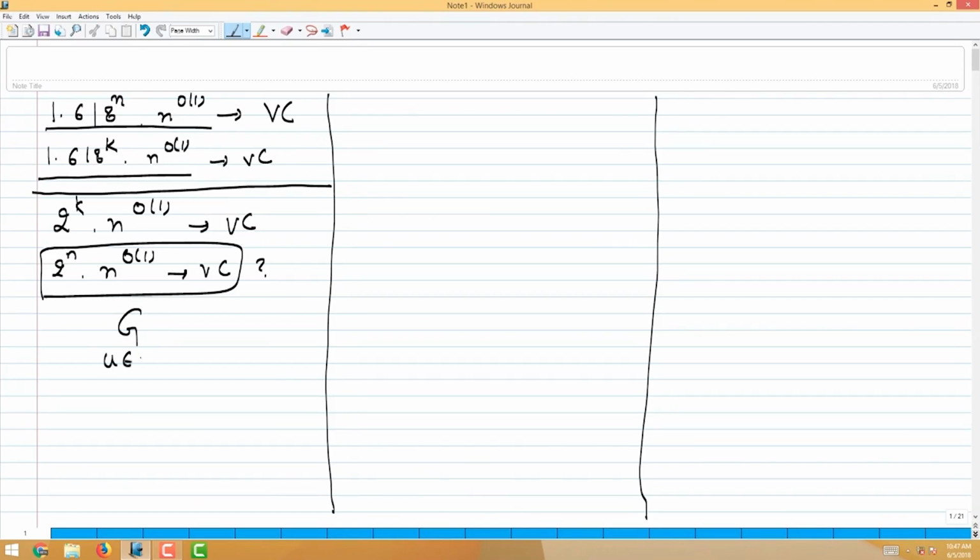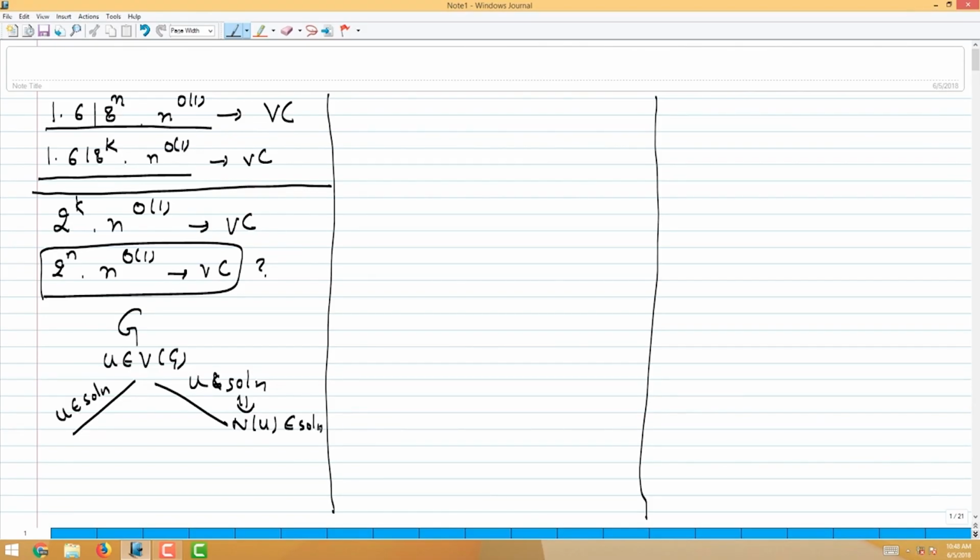You know that any vertex cover either takes u into it, so u belongs to the solution, or u does not belong to the solution. But you know, if u does not belong to the solution, then all the neighbors of u should belong to the solution, right?